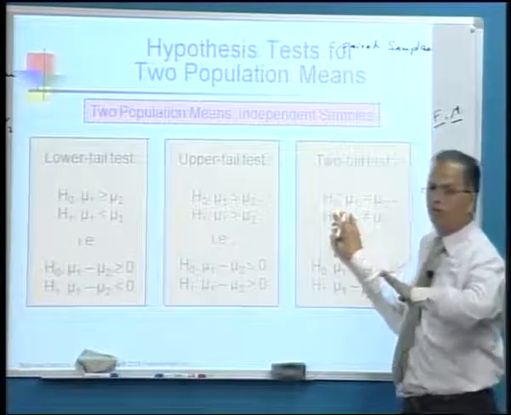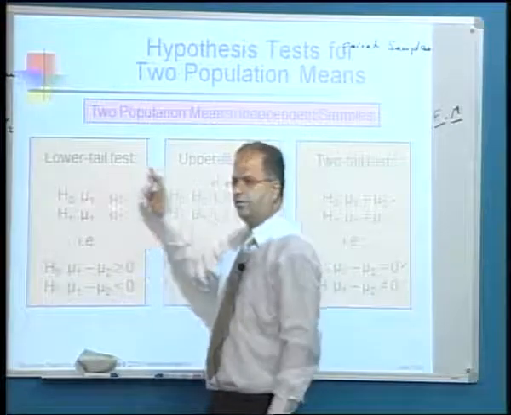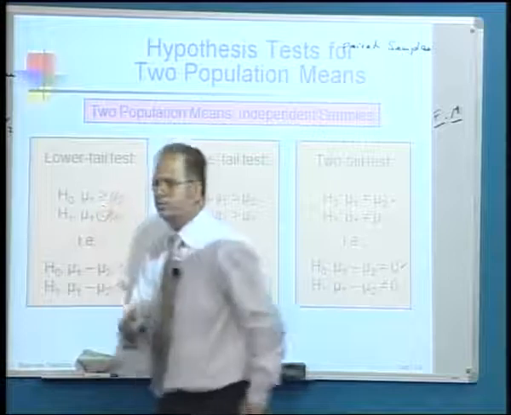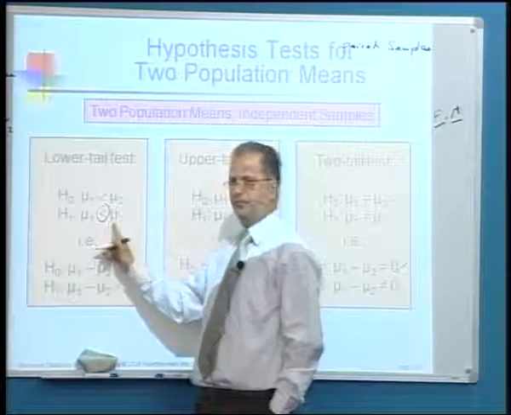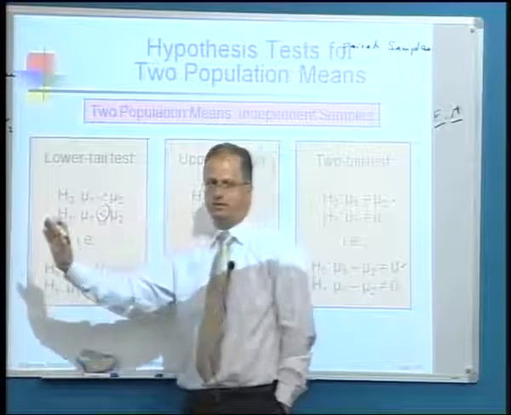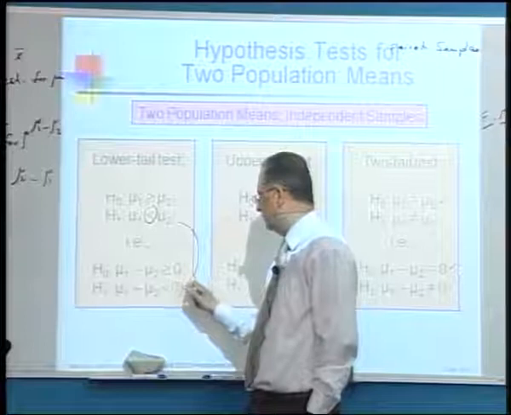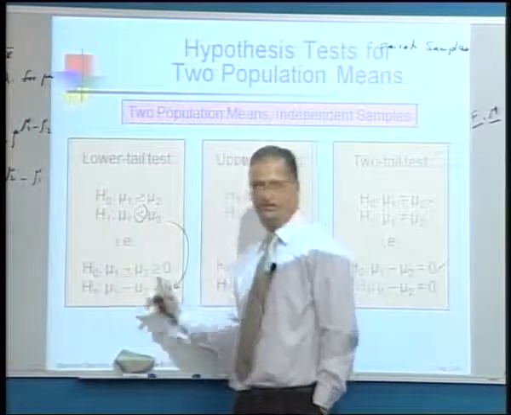Now, for the one-tail test, there are two cases, lower tail or upper tail. Lower tail means under the alternative hypothesis, H1, mu1 is smaller than mu2. It's called lower test. So if mu1 is smaller than mu2, that means the difference between the two population means is negative.